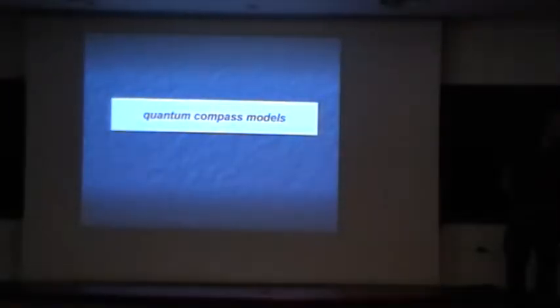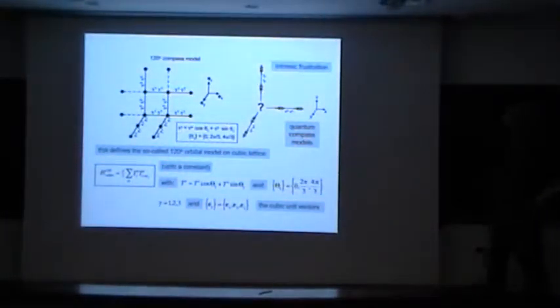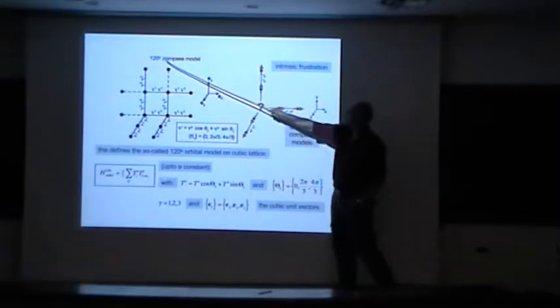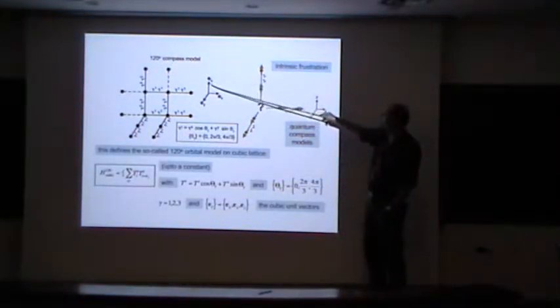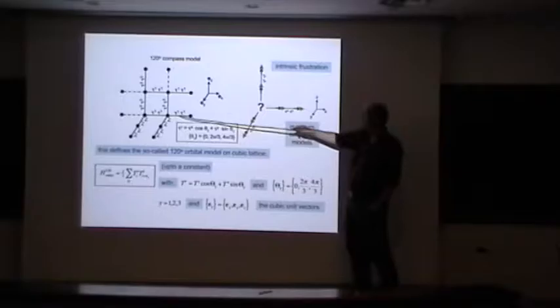Okay. Quantum compass model. So the last slide I had before talked about the 120-degree compass model, which means that you have 3 directions in space, and along each direction, the interaction is different.